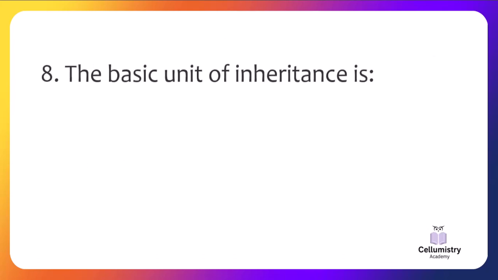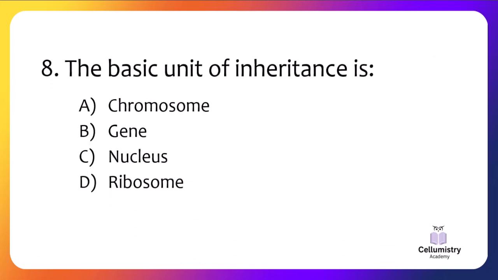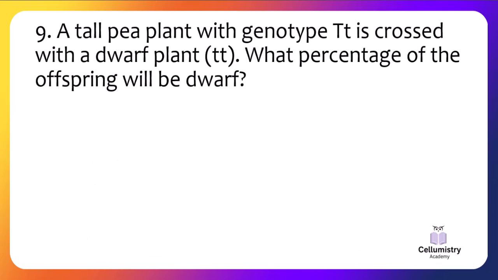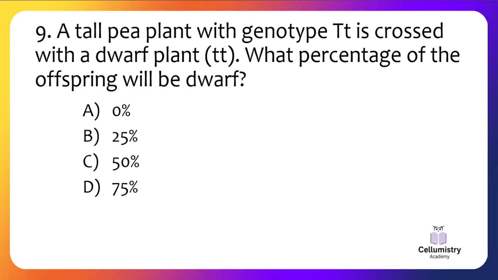The basic unit of inheritance is... Answer is B. A gene. A tall pea plant with genotype capital T small t is crossed with a dwarf plant small t small t. What percentage of the offspring will be dwarf? Answer is C. 50%.